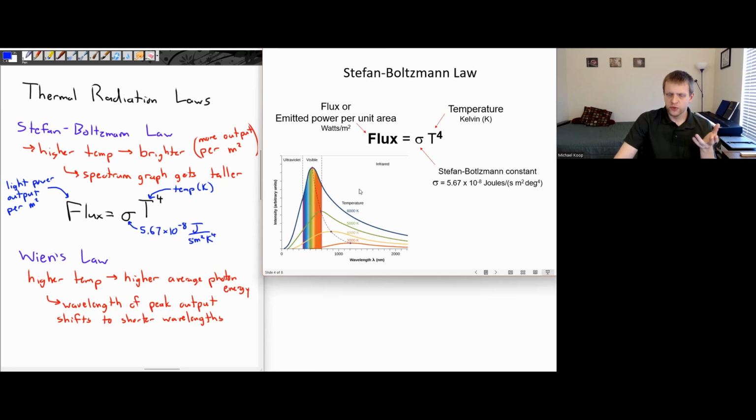So what would this look like in a particular question? Well, the way that we're going to handle these Stefan-Boltzmann law questions is usually in terms of a comparison style question, which we've looked at a couple of examples of for gravity.